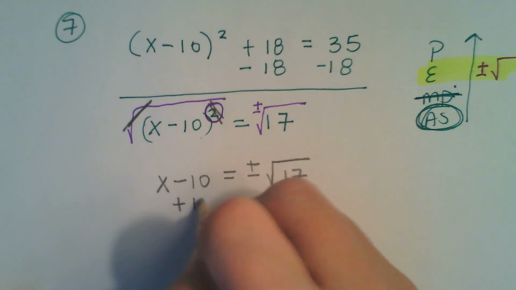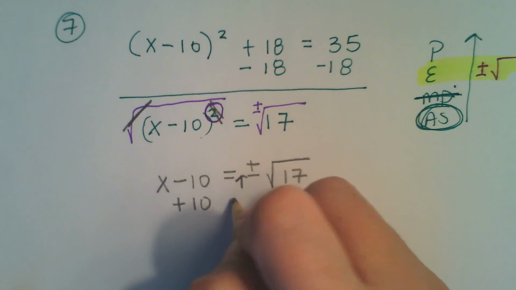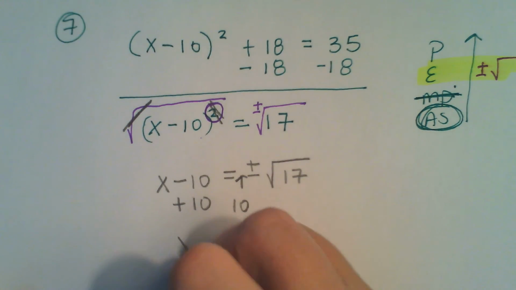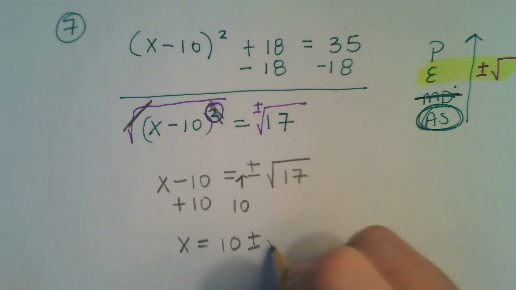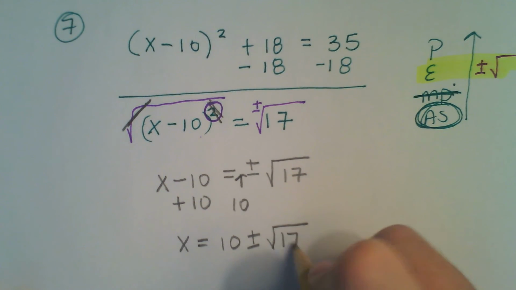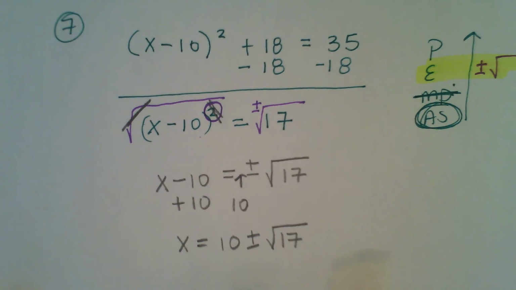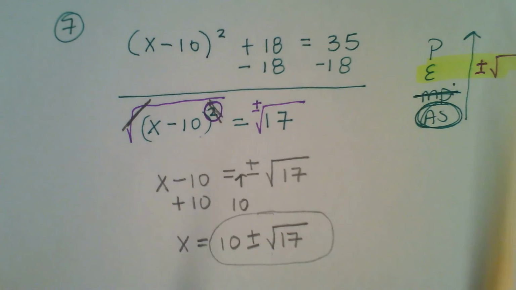So when I add the 10 over, that 10 sits right in front of the square root, x equals 10 plus or minus square root 17. And on this problem, I have to stop here because I can't add 10 and a square root like I could add the 9 and the 2 in the previous problem.